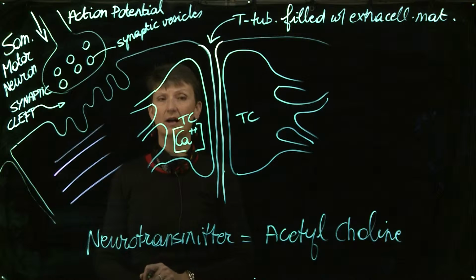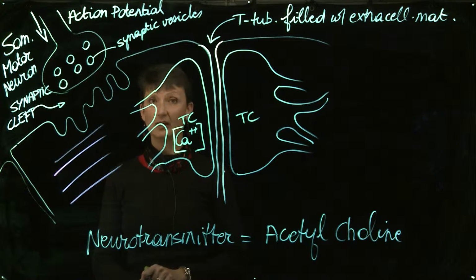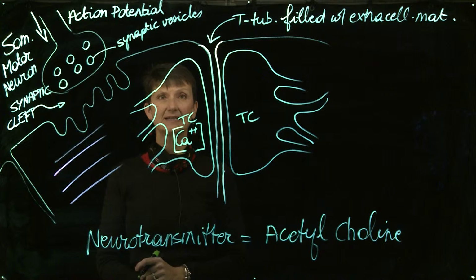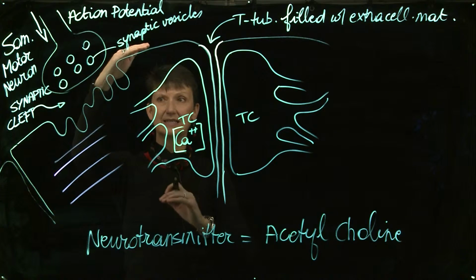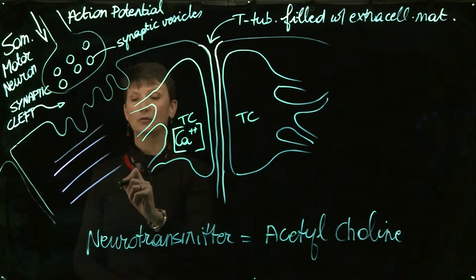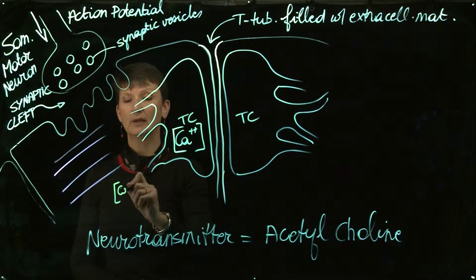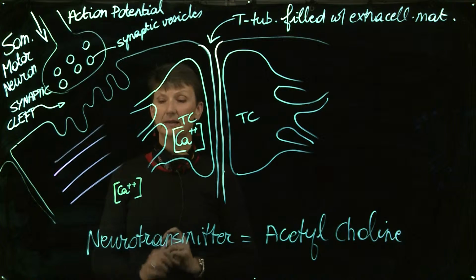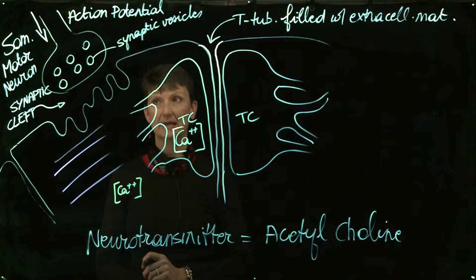So we need to talk about ion channels, and we're going to therefore also have to specify ion concentrations. We've already mentioned that the ion concentration of calcium inside the terminal cisternae inside of our muscle cell is very high. Very high compared to what? Compared to the concentration of calcium inside of the sarcoplasm. So I'm trying to write it a bit smaller here to imply that the concentration here is less.